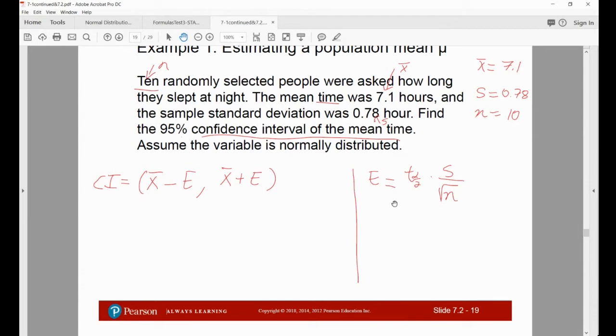So now we need the value of t. To find t, we need the confidence level. What's the confidence level? 95%. And what will be the degrees of freedom? The value of df? 9. df is always n minus 1. So 10 minus 1, 9. So using 95% and 9, we can find the value of t in the body of the table.